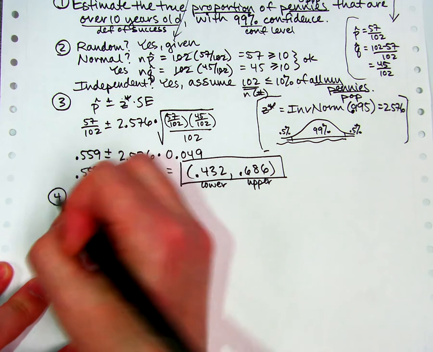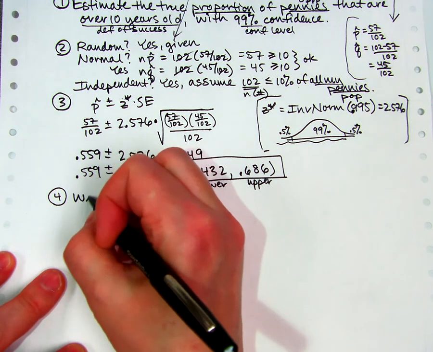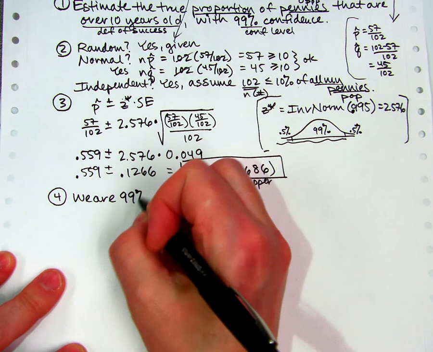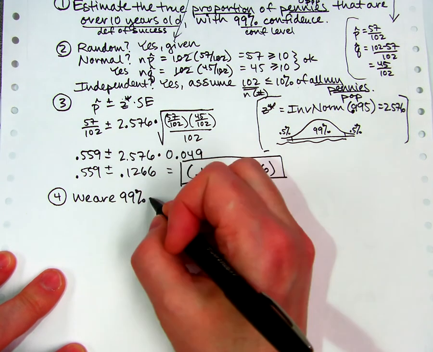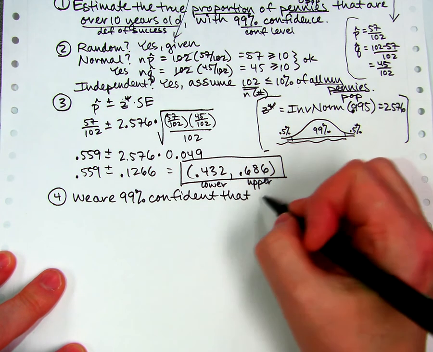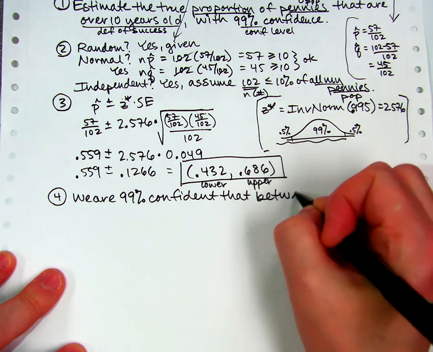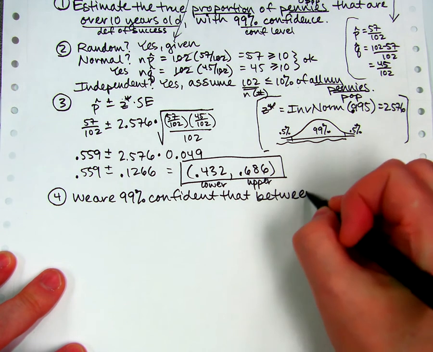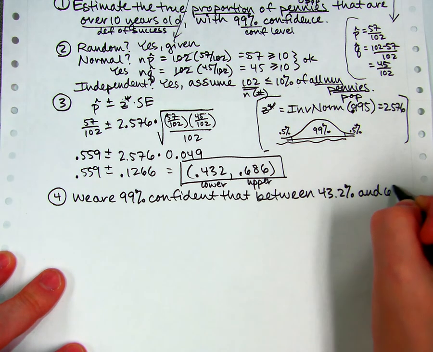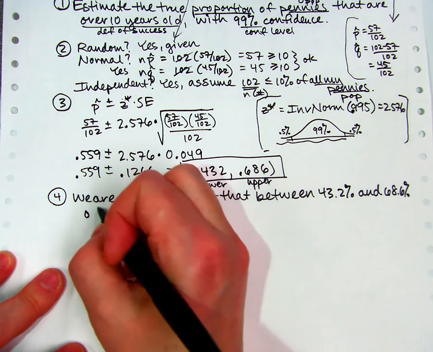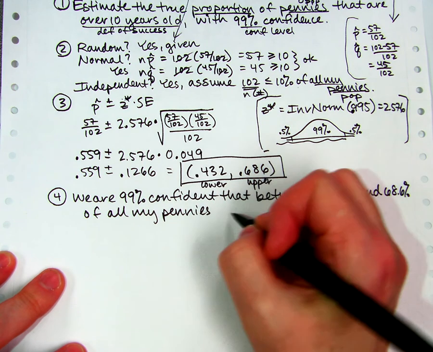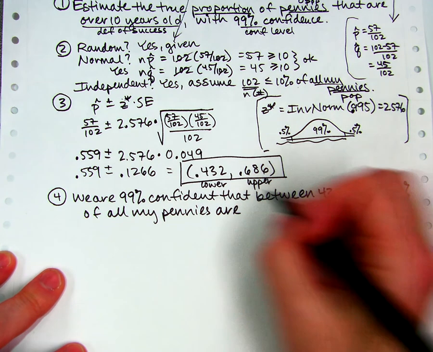And last but not least, what does this mean? How confident are we? We are 99% confident, because I did a really wide interval with this, that another way of saying it, rather than mentioning the word interval, you could say between 43.2% and 68.6% of all my pennies are, what about them, over 10 years old.